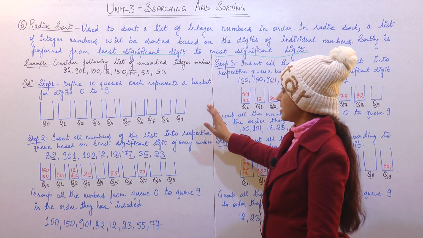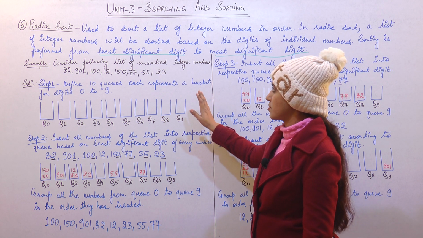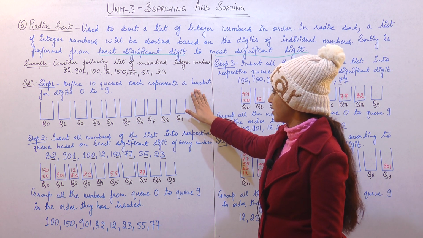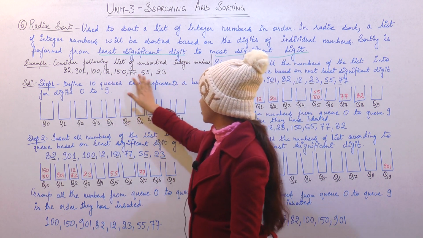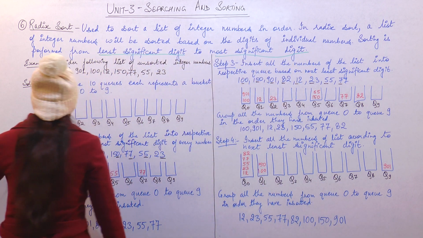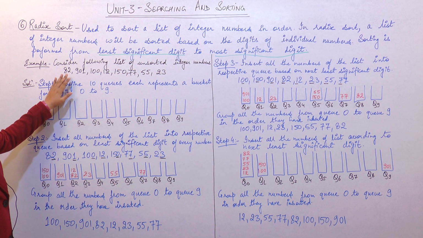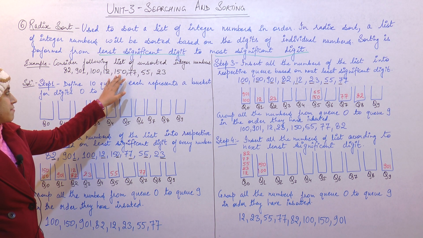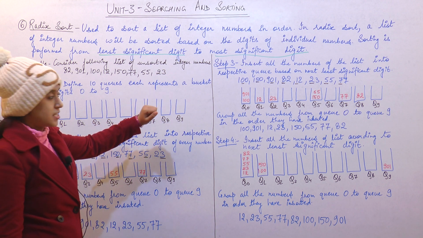So let's understand this technique of sorting integer numbers using radix sort with an example. We have a list of unsorted integer numbers, and the list contains the numbers 82, 901, 100, 12, 150, 77, 55 and 23.